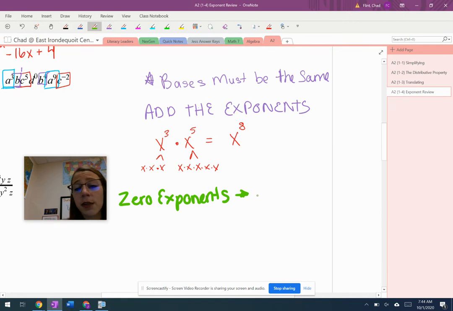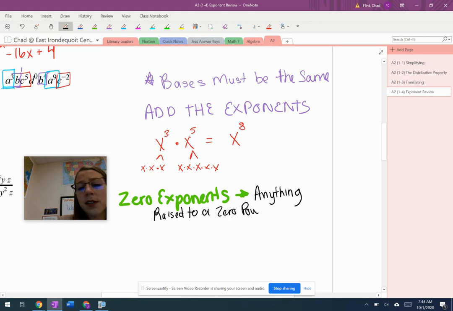So 0 exponents, anything raised to a 0 power is 1.